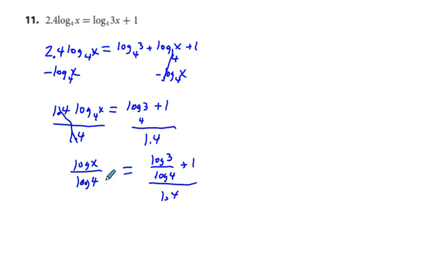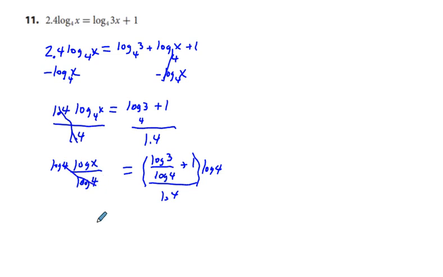And now we're going to multiply both sides of this equation by log 4. So we multiply both sides by log 4. And the right side we have times log 4.